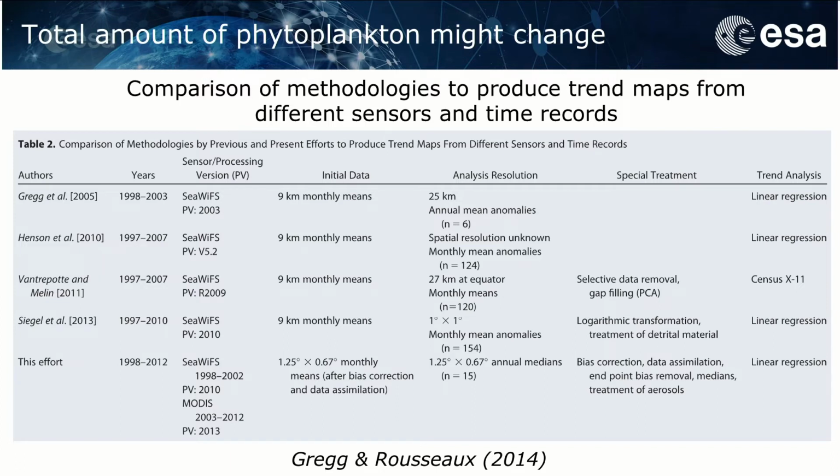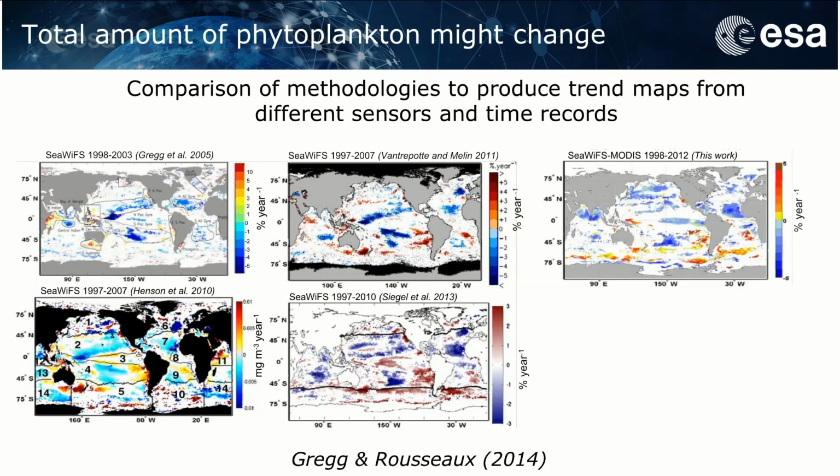This is their effort, using different techniques: linear regression of a chlorophyll time series, deseasonalizing that time series and looking at a linear regression, or using a model-based approach where you partition that time series into a seasonal component, a long-term trend and a residual, as in Vantrepotte and Mélin. And these are just some examples of trends reported by these authors over these periods.